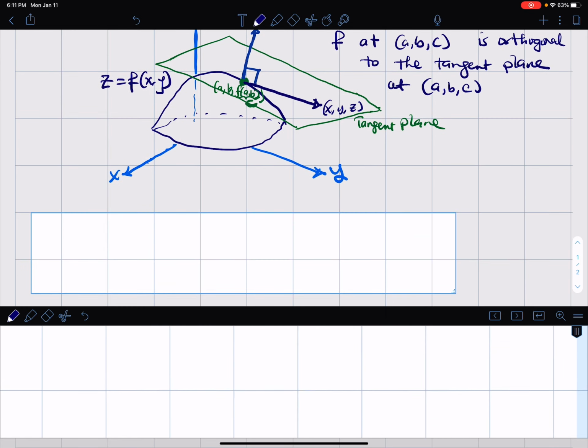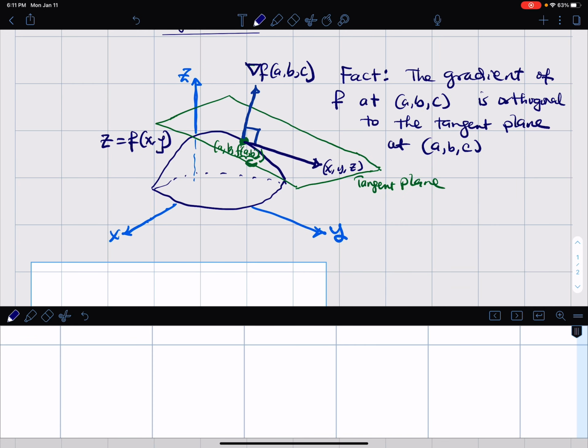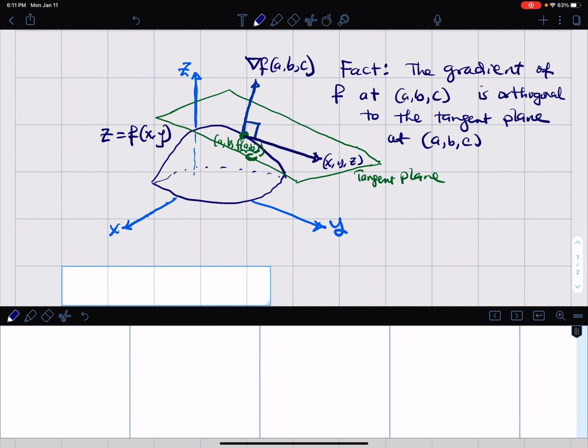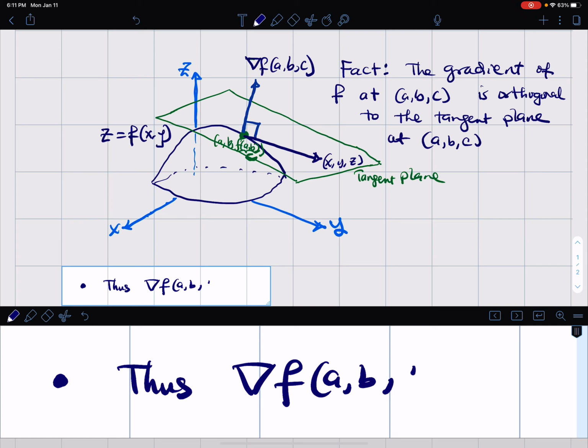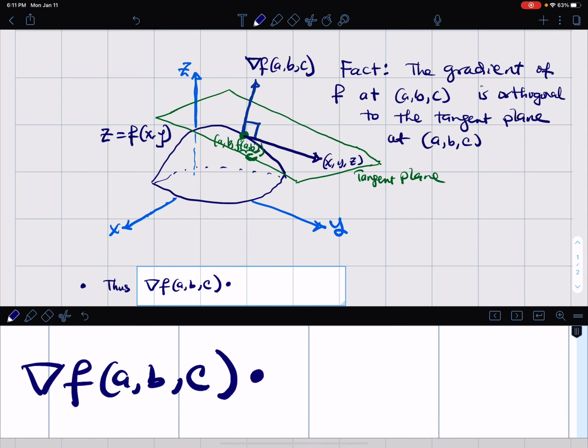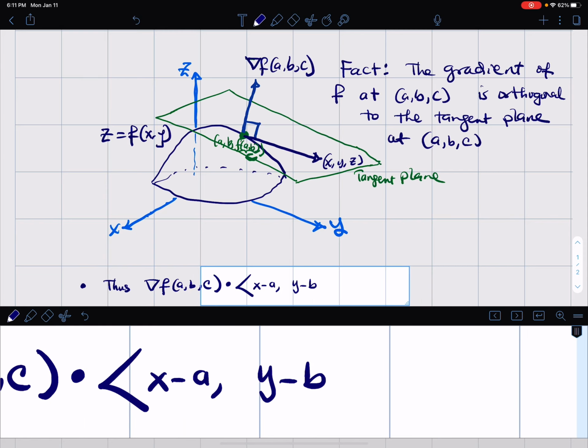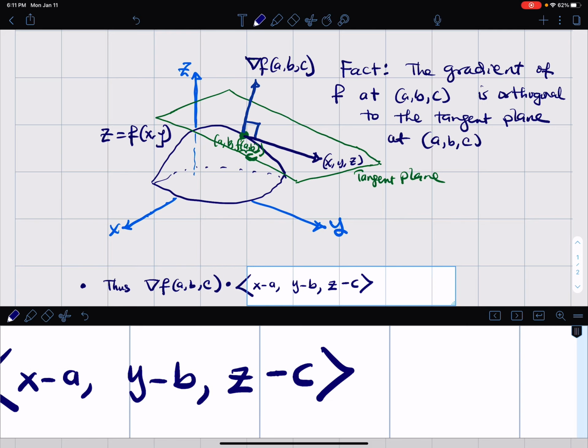So what does this mean? This means that if we find the dot product of the gradient at (a, b, c) and the vector that I just talked about, that vector is going to be (x minus a, y minus b, z minus c), we're going to get 0.